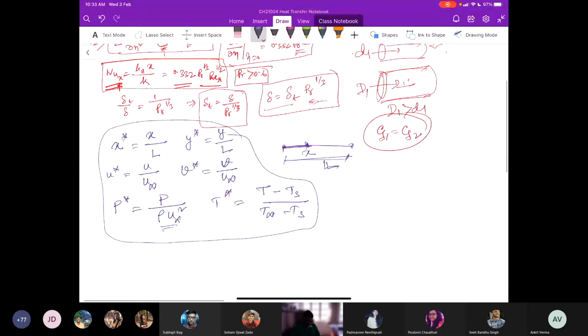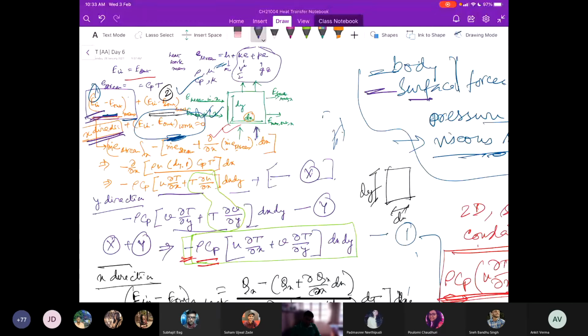I think here on this slide I showed you, if not, yeah, so these are the things. These are the governing equations. Okay, so this is the energy equation that we have seen.